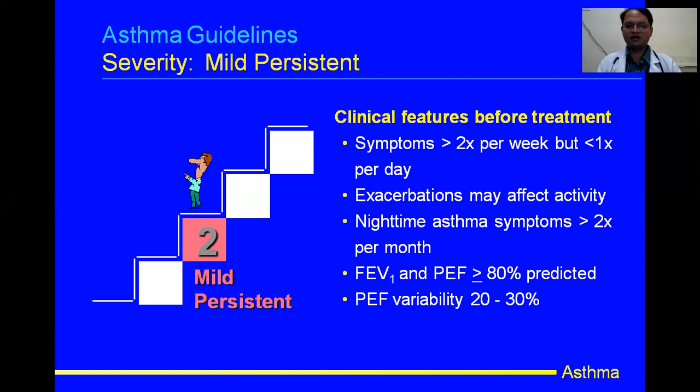And the nocturnal symptoms the patient will be having will be more than 2 episodes per month. The FEV1 and PEF will be more than or equal to 80% of the predicted, but the variability of the PEF, this has to be noted carefully. The variability of the PEF will be ranging between 20 to 30%.